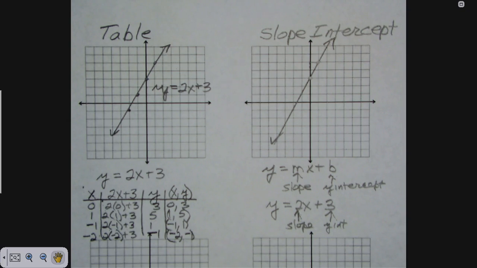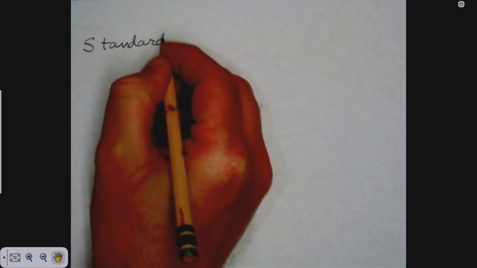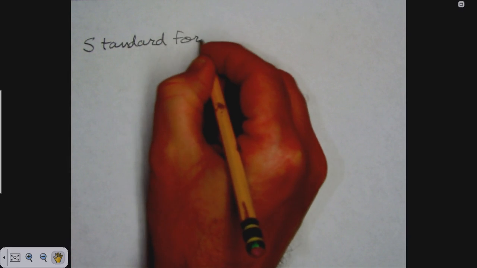So I am going to use the standard form method, and first of all, let's review a little bit about standard form. So I'm going to get a sheet of paper here. And standard form is this.